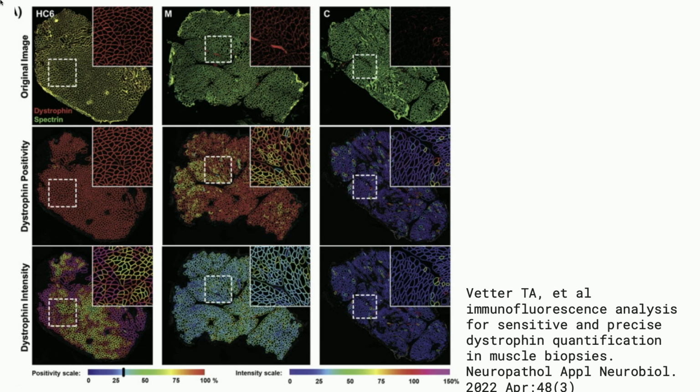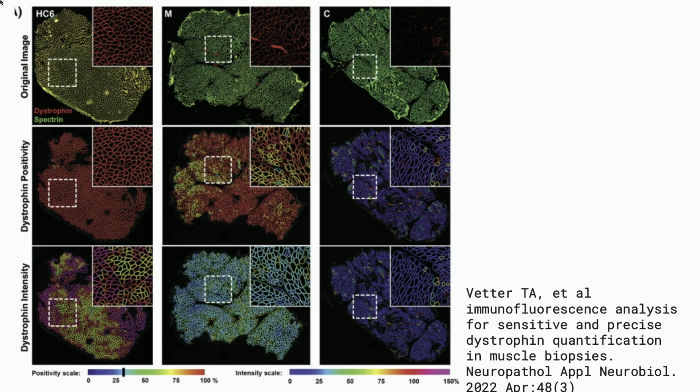To do that, you're also taking cross sections of muscles, looking at them carefully, using some sort of stain to identify where all the muscle fibers are, finding that region of the slide where the membrane is, and therefore where dystrophin could be expressed, and then quantifying if that fiber had expression or that fiber didn't have expression.